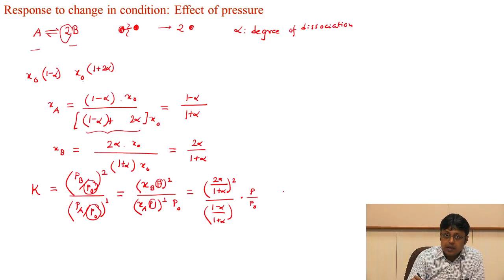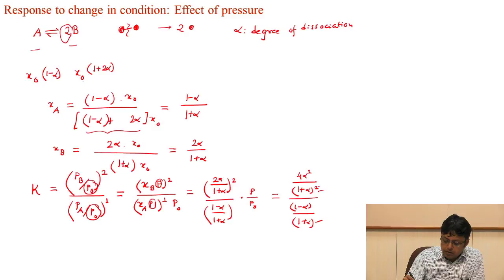So let us expand it. It is 2 alpha by 1 plus alpha, squared, so 4 alpha squared divided by 1 plus alpha squared, divided by 1 minus alpha over 1 plus alpha. One 1 plus alpha cancels with another, giving 4 alpha squared divided by 1 plus alpha remaining, multiplied with 1 minus alpha.